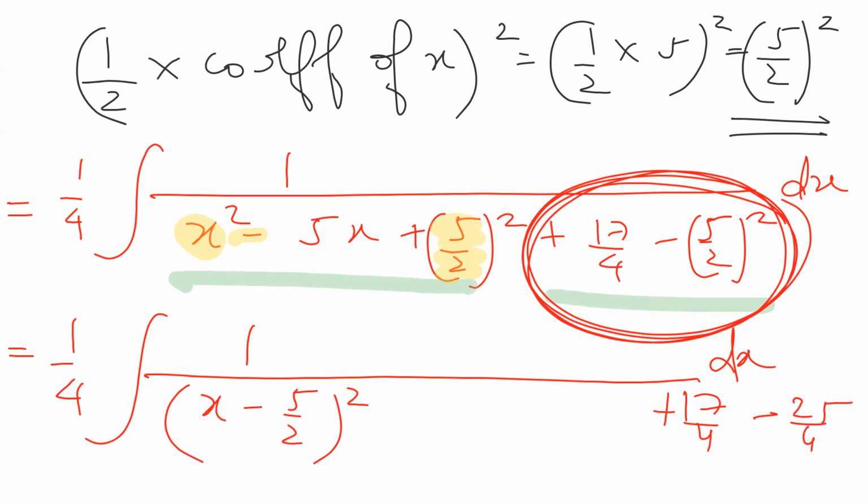What is plus 17 by 4 minus 25 by 4? Is it minus 8 by 4? And what is minus 8 by 4? Minus 8 by 4 can be written as minus 2.